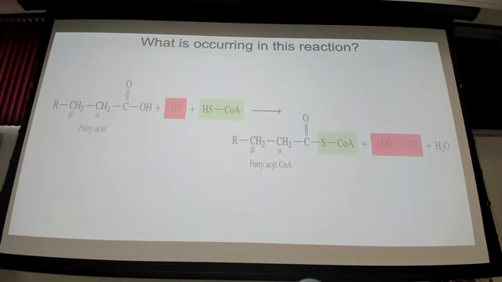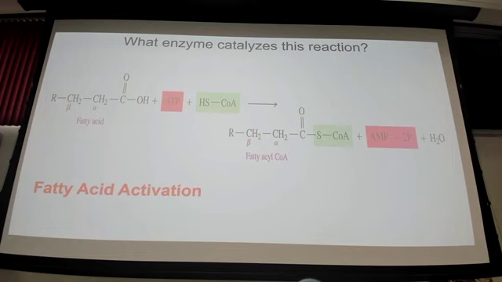So the enzyme that catalyzes this fatty acid activation is acyl CoA synthetase. This reaction serves as the driving force for this activated fatty acid to be transported into the matrix by the carnitine acetyltransferase shuttle system, and then beta oxidation.